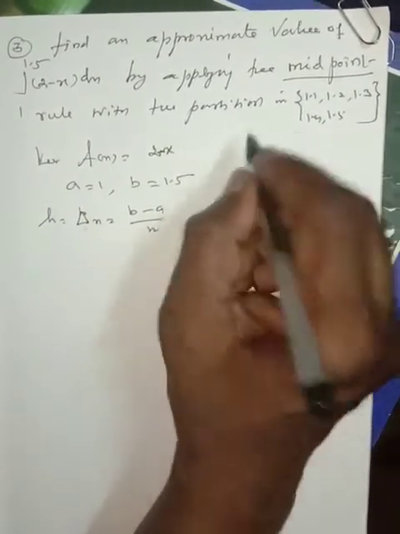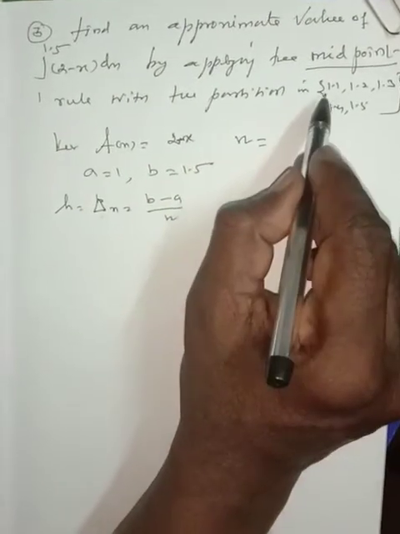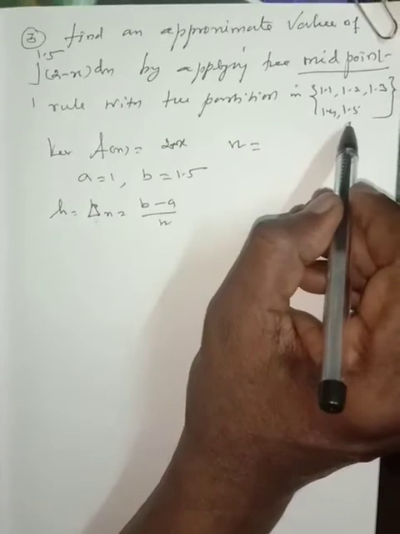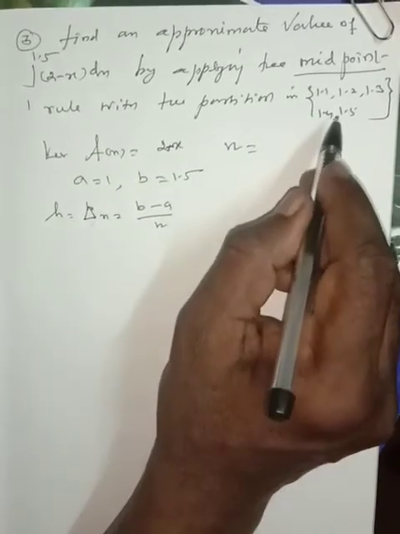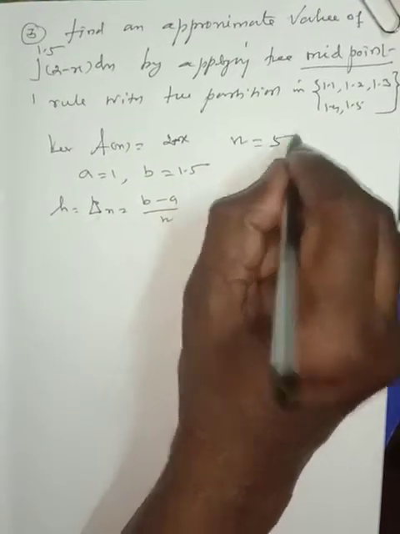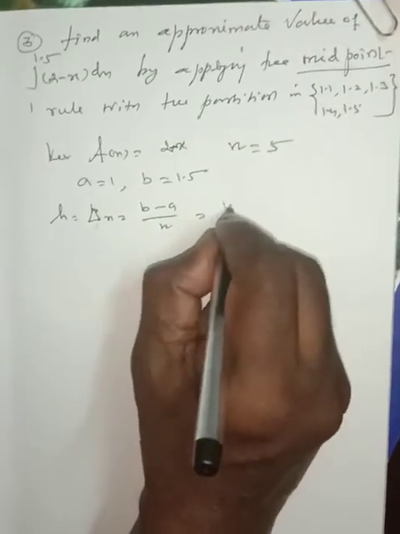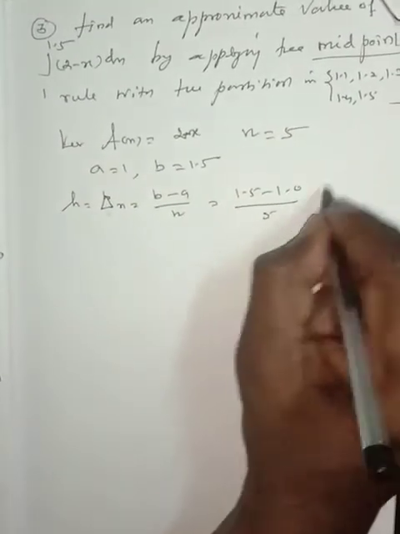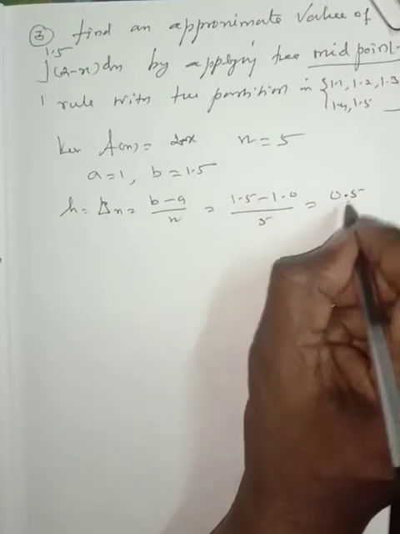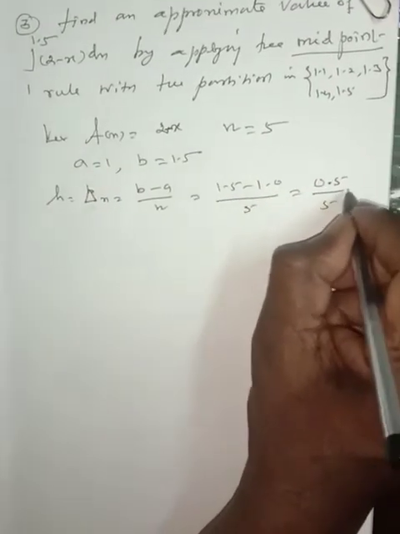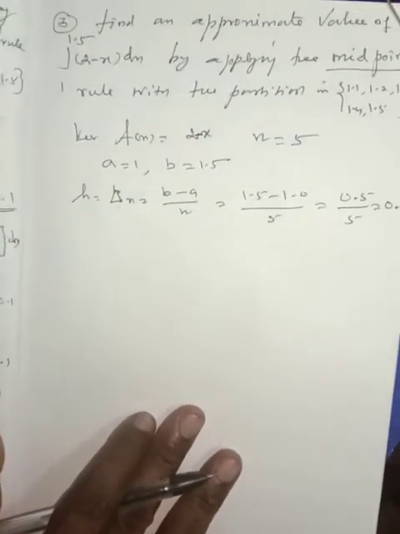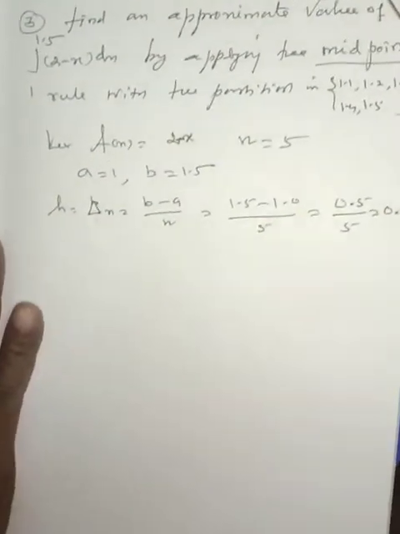In this case, n is equal to, how many numbers are there? 1, 2, 3, 4, 5 in the partition. So n is equal to 5, which is 1.5 minus 1.0 divided by 5, is equal to 0.5 divided by 5, is equal to 0.1.